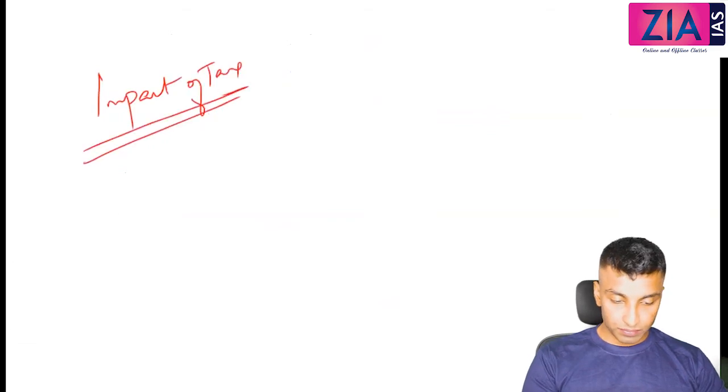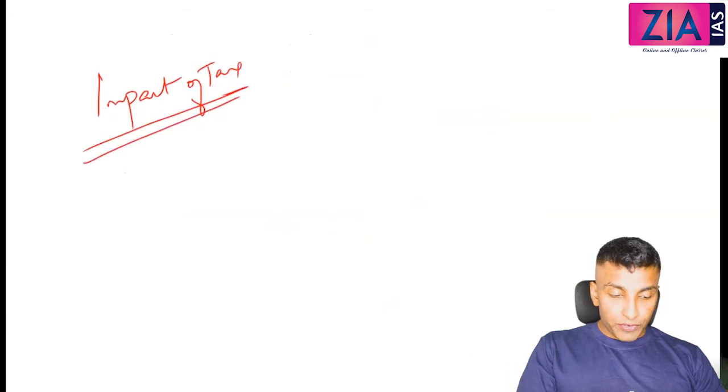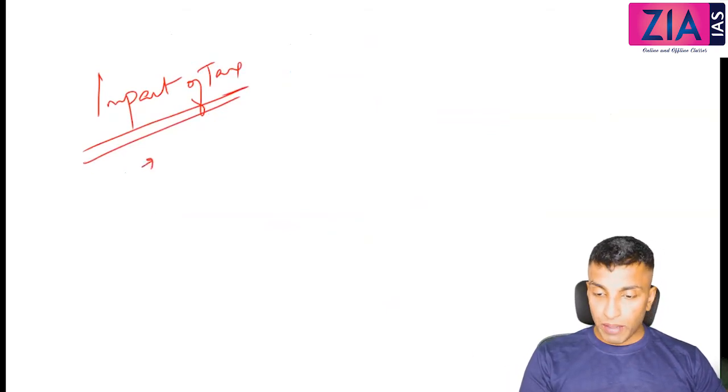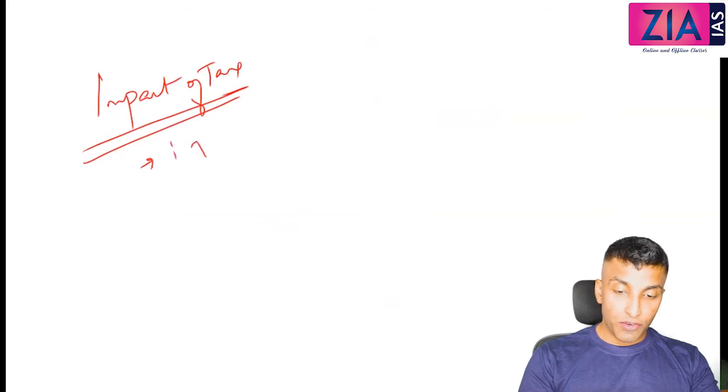Then the next term, impact of tax. Impact of tax, you can just write one line, and I'll explain this. Point of imposition. It is the point of imposition of tax, that is, from whom the tax is imposed.